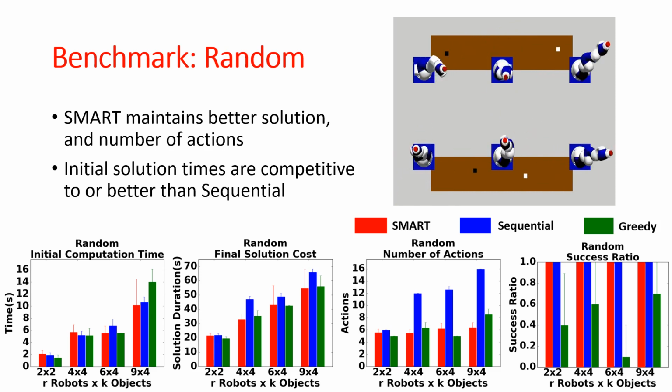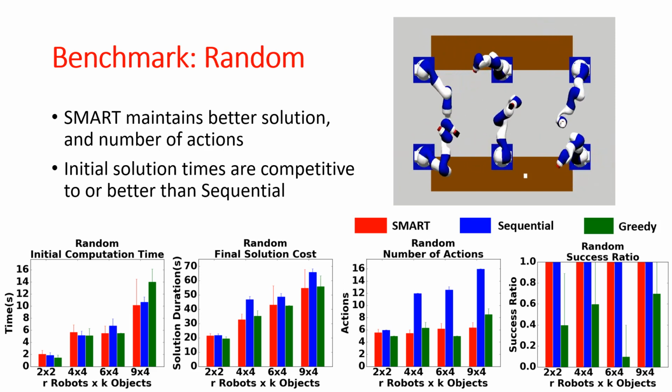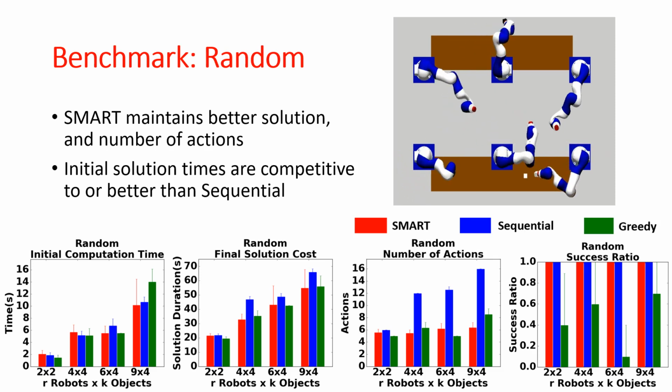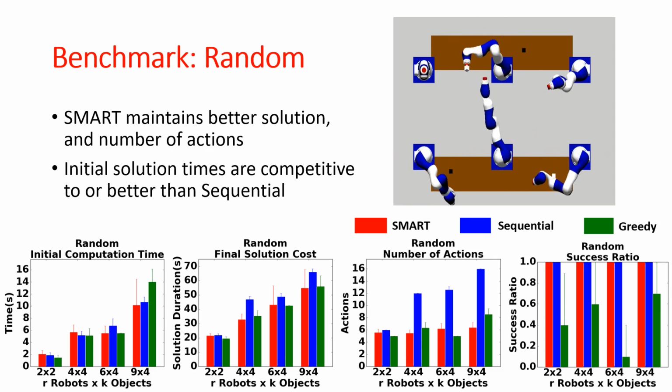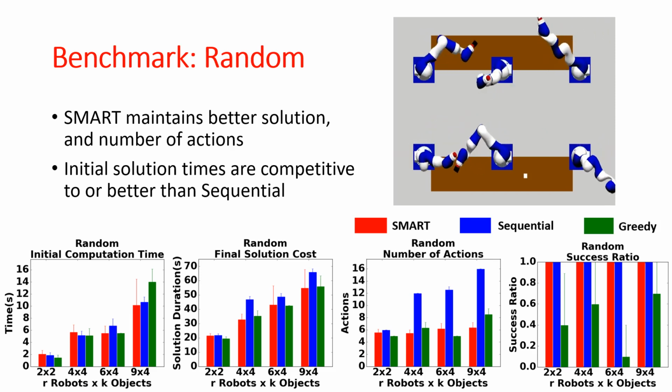And when compared to sequential, we maintain cost benefits because we are definitely more efficient in terms of actions and maintain benefits in terms of the solution cost as well. And as you can see, we managed to push these benchmarks up to 9 robots and 4 objects.